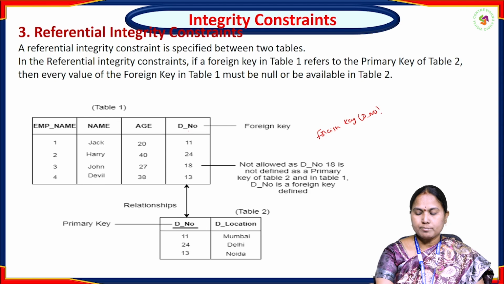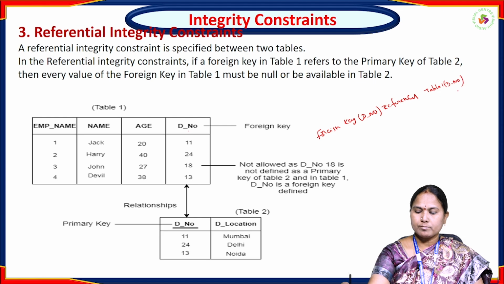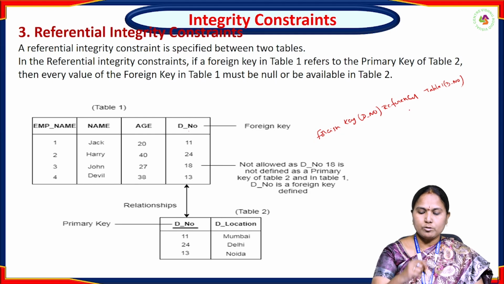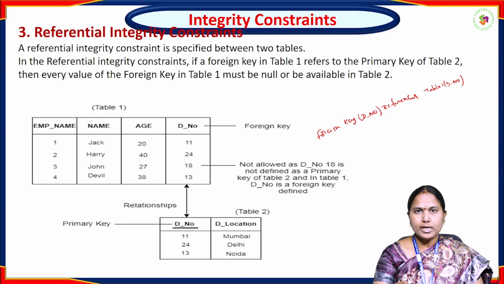Foreign key of department number references table 1 of department number. That means table 2's foreign key refers to the table 1 key constraint.